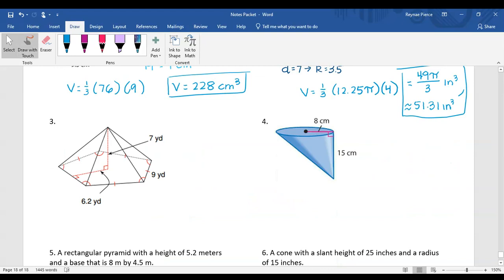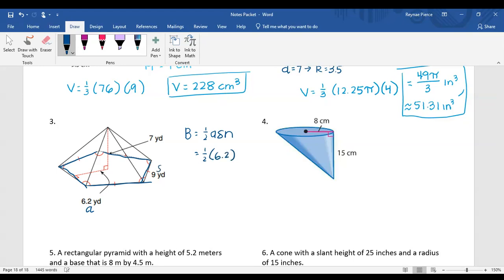Number 3, we have a pentagonal pyramid. Again, a pentagon, we use 1/2 a s n to find that area. So we're looking at only the pentagon, which has an apothem of 6.2.